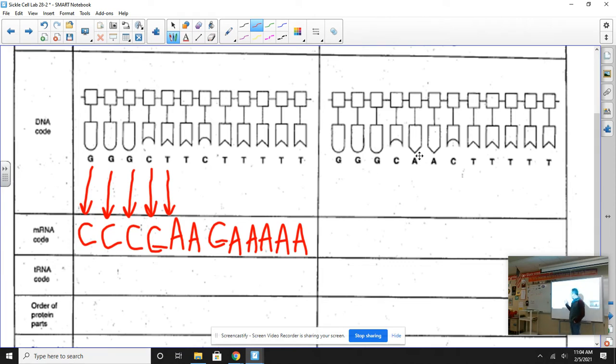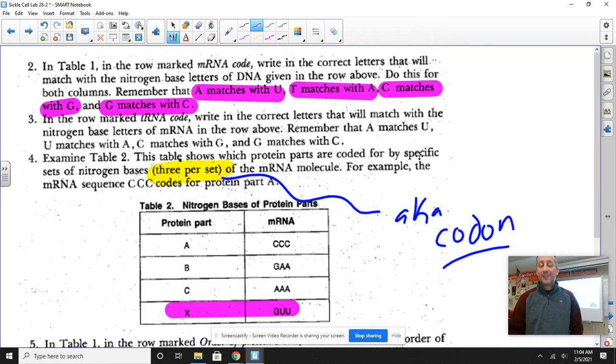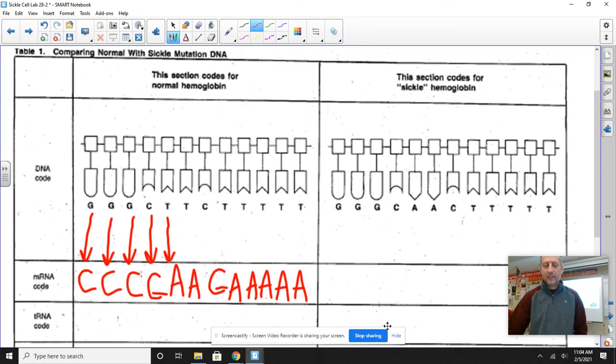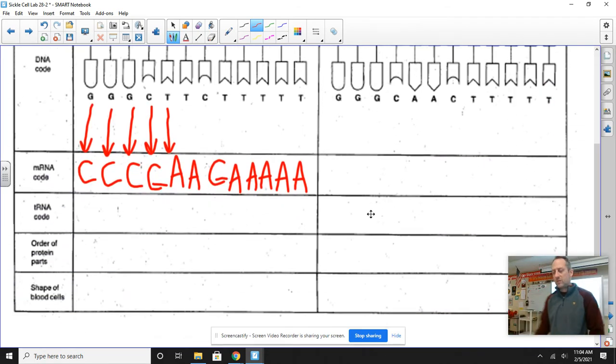Now that mRNA is then going to leave the nucleus and go to the ribosome. Now in the ribosome, tRNA is going to decipher what the code was. tRNA is an RNA, so it has that U, so U with A again, and G with C. So if we're going to do the tRNA, let's change my color here, it would look like this.